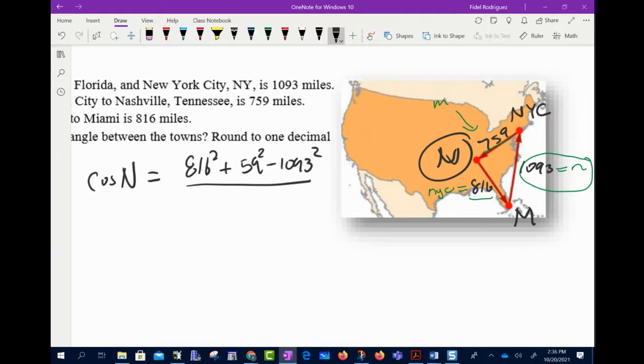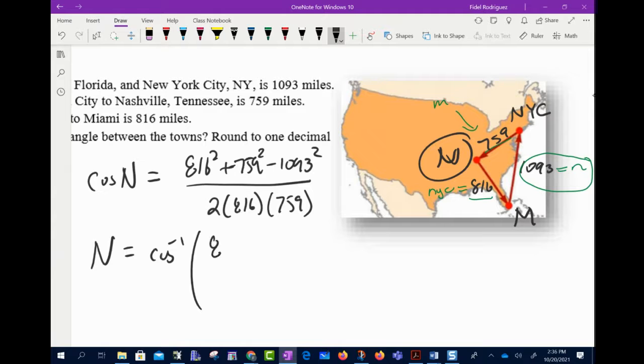Yeah, sorry about that. 759, there we go, all over 2 times 816 and 759. Okay. And then remember, y'all, the way I'm going to find my n is I'm going to take the cosine inverse of all of this business right here.